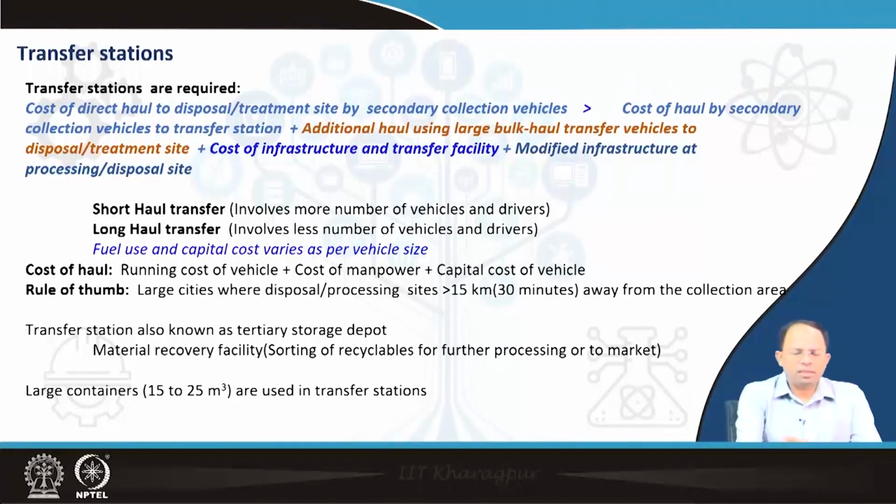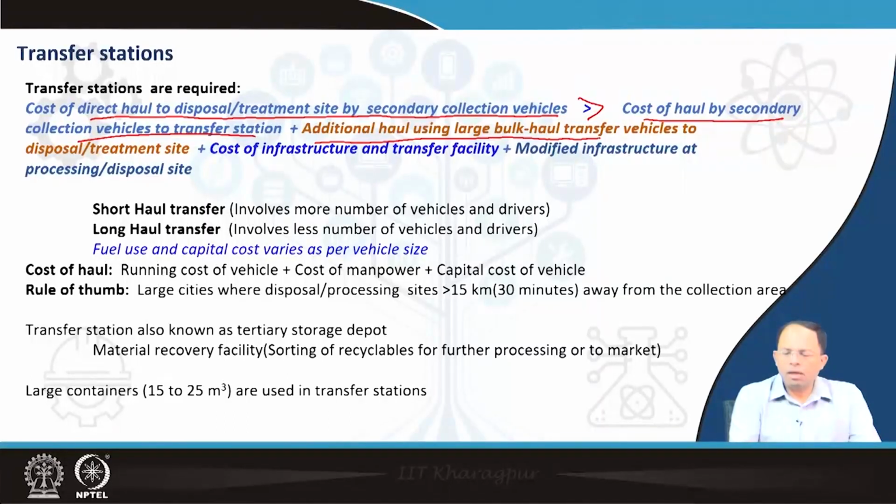So transfer stations are required when the cost of direct haul to the disposal or treatment site by secondary collection vehicles is greater than the cost of haul by secondary collection vehicles to a transfer station, because the alternative is we have to use these vehicles to carry it first to a transfer station, plus additional haul using large bulk haul transfer vehicles to the disposal and treatment site.